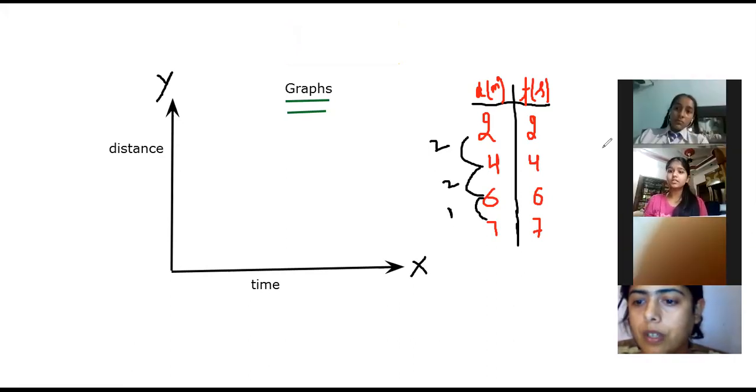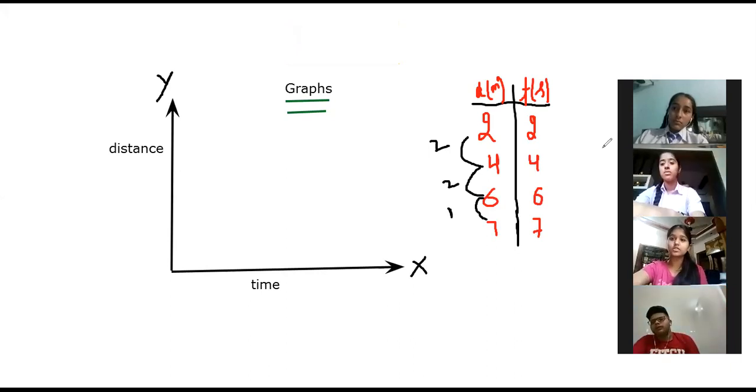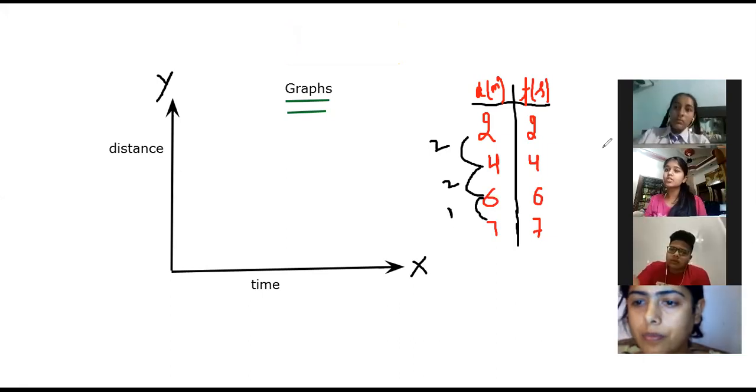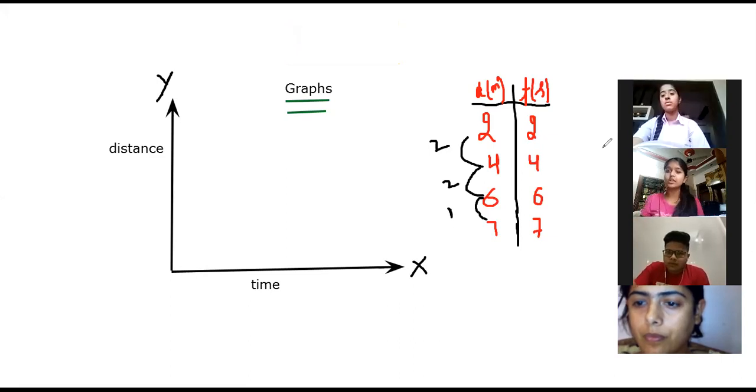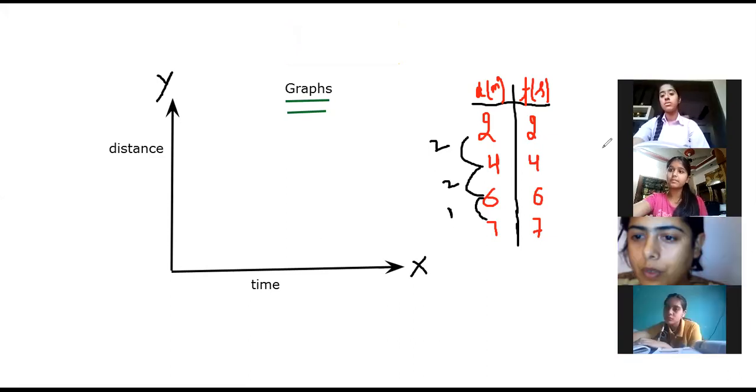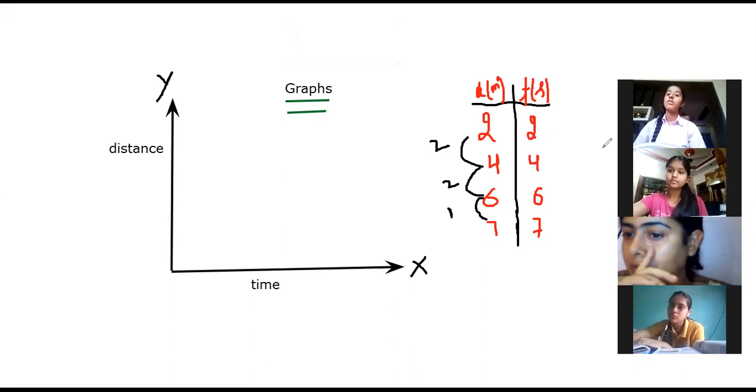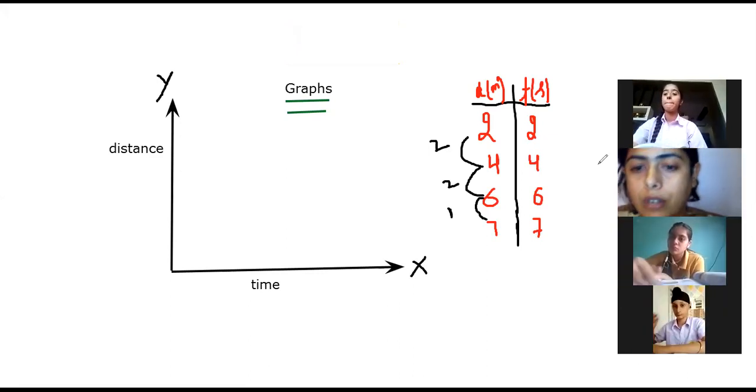Ma'am, it is uniform. Uniform hai. Smriti, yes, beta. Ma'am, it is uniform because it is traveling equal distance in equal intervals of time. Okay, Avleen, your answer? Ma'am, it's uniform. Yes, it is uniform.